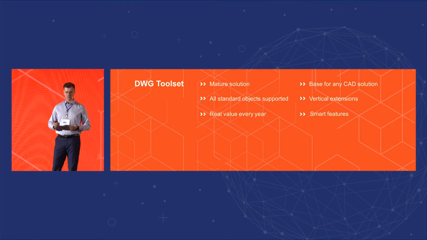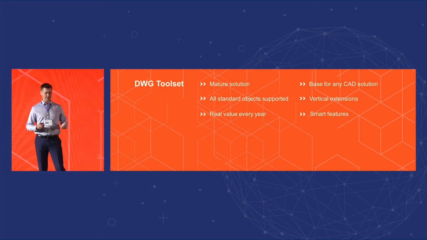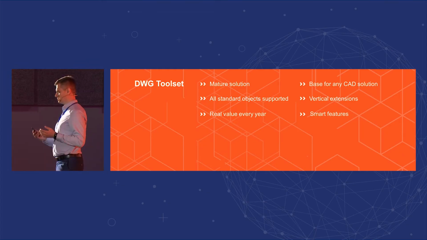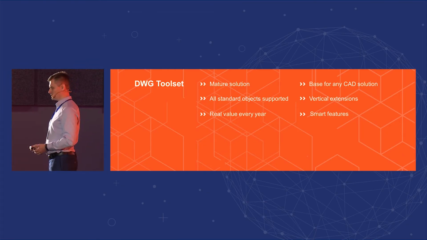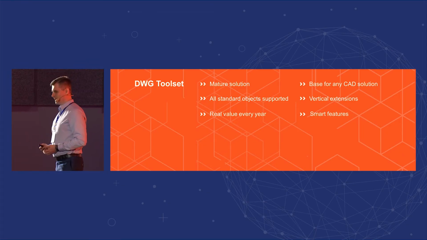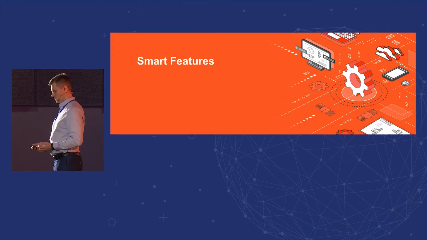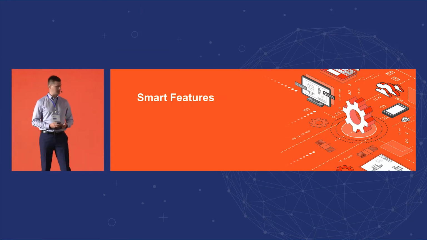But that's not all. That doesn't mean that we get relaxed. We put efforts and bring real value on a regular basis, on a yearly basis, and that allows us to introduce the features that we're able to call smart ones. Saying smart features, I mean the features that require some background investigations, some complex algorithms implementations, and similar stuff.